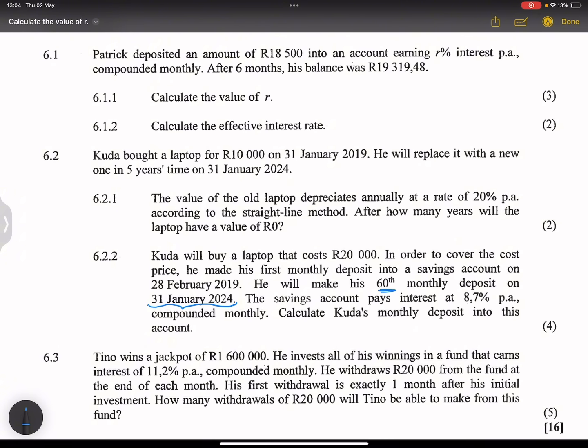In order to cover the cost, he made a monthly deposit into the savings account, notice this, on the 28th of February 2019. And of course, until the 31st of January, he keeps making those deposits on a monthly basis.